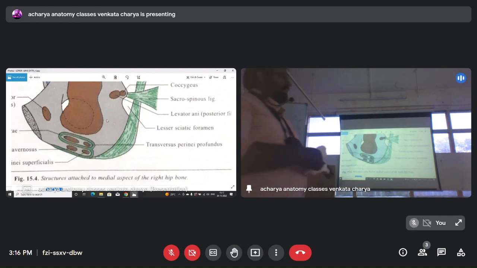This space subdivides into two triangles: urogenital triangle and anal triangle. In the anal triangle, there is the anal canal. In the urogenital triangle, there is the urogenital diaphragm, and urogenital means the sexual organs present in the triangle.